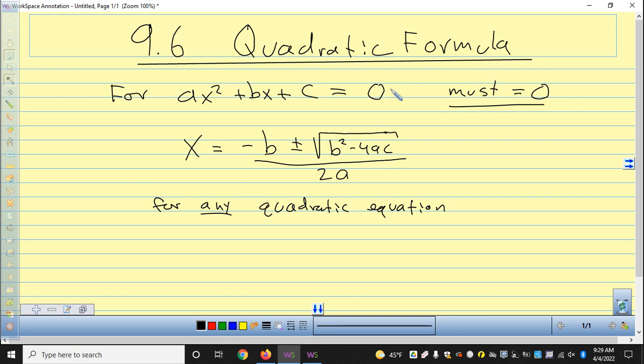And the quadratic formula is not some secret magical thing. This comes from completing the square on ax squared plus bx plus c equals 0. We go through the process of completing the square on this equation, and this becomes our solution to our equation. So this actually comes from completing the square.